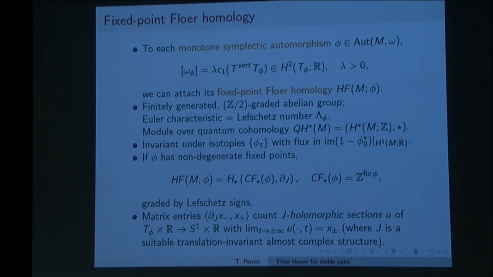It's a finitely generated abelian group. It's mod 2 graded. I'll come back to that. Its Euler characteristic is the Lefschetz number. It's a module over quantum cohomology.